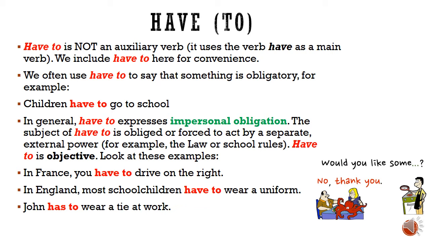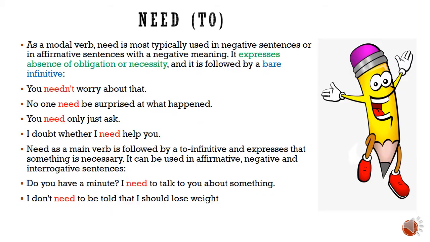You cannot change it. Now in France you have to drive on the right. In England most school children have to wear uniform. John has to wear a tie at work. These are some examples on how we can use have to.